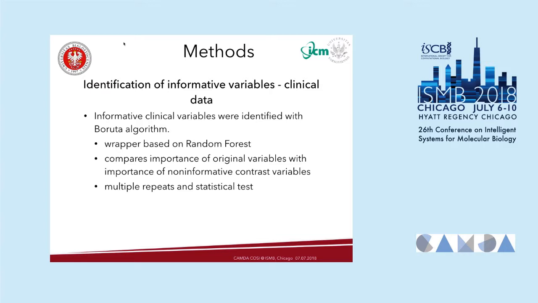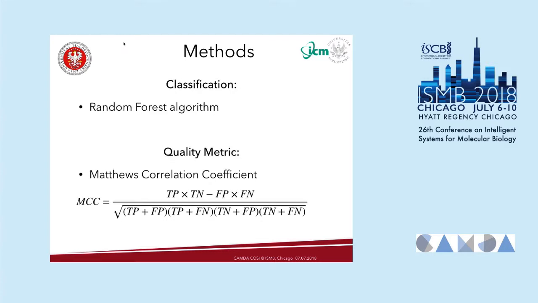For that, we use a different algorithm, based on random forest. It identifies informative variables using a wrapper on random forest, using random forest importance ranking. And for quality metrics, we use the Matthews correlation coefficient.